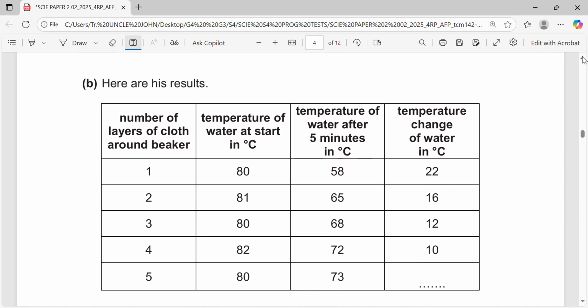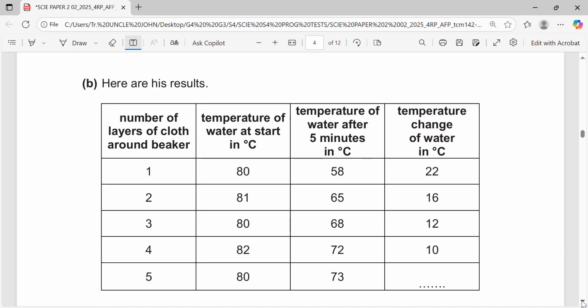Here are his results. Number of layers of cloth around beaker, temperature of water at start in Celsius degrees, temperature of water after 5 minutes in Celsius degrees, temperature change of water in Celsius degrees, you can see.